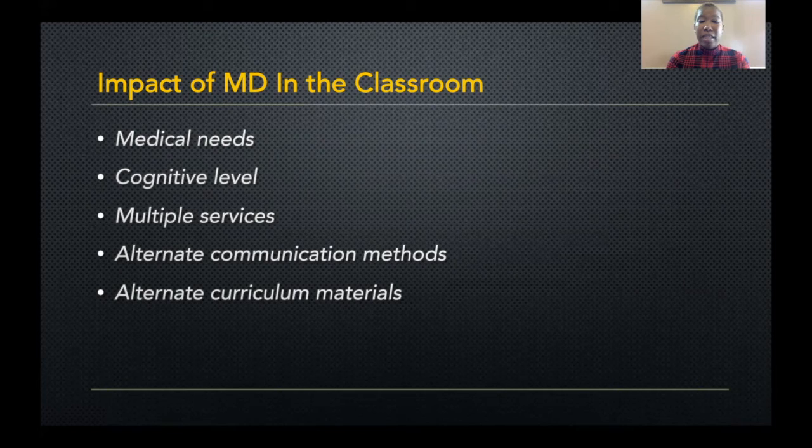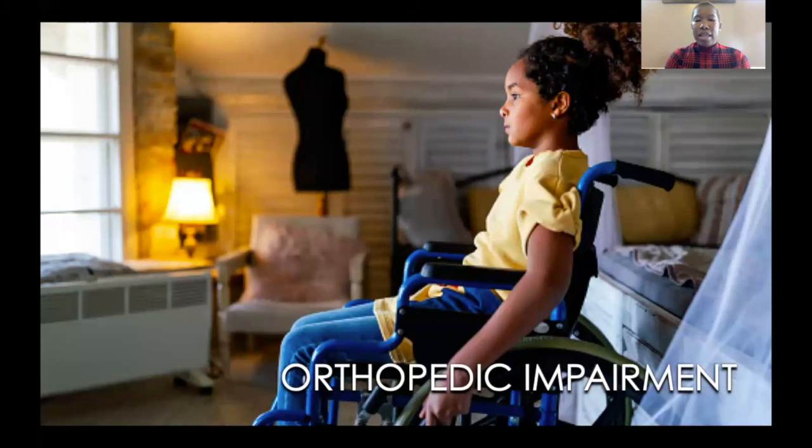So the curriculum materials may not be what the general students are using or the average students are using. They might need to tailor it somewhat to the student's need, because again, the aim is for the student to realize his or her potential. That's what we want.